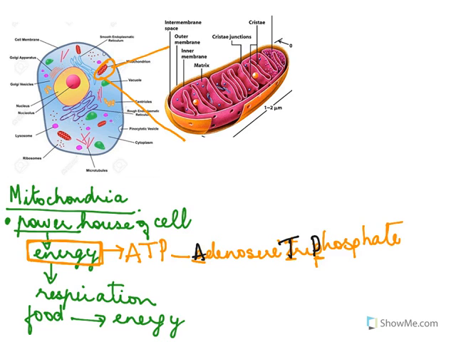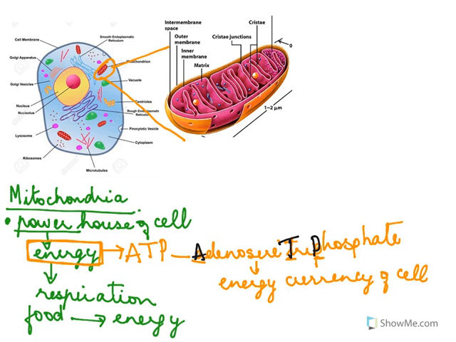So ATP stands for adenosine triphosphate, and adenosine triphosphate is called the energy currency of the cell. Currency of the cell means these are molecules that store up the energy, and these molecules are manufactured or synthesized in the mitochondria.